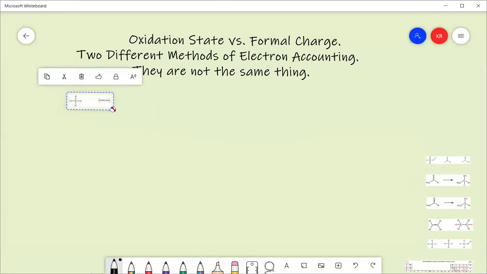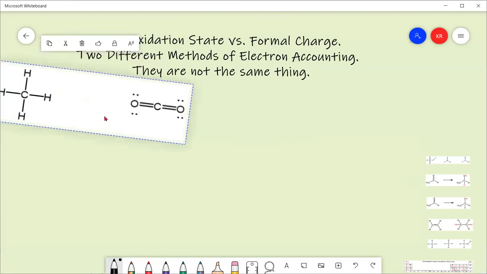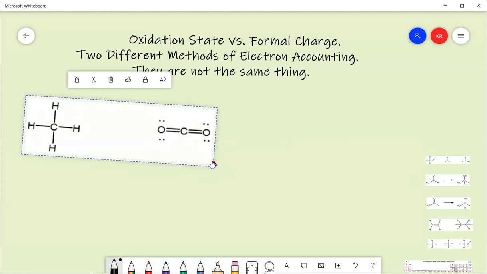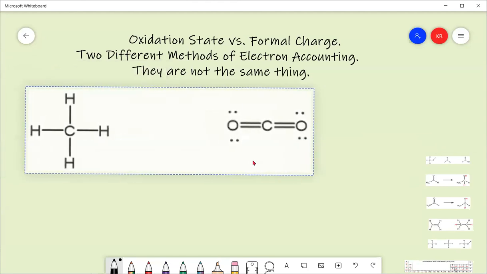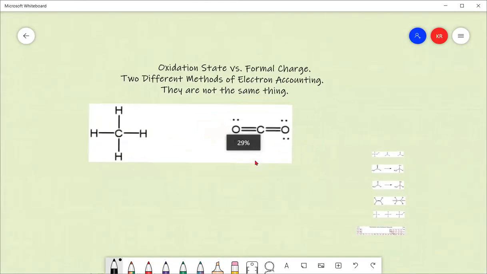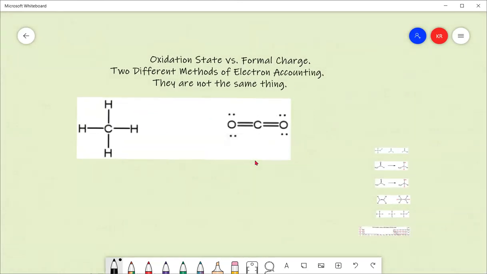So let's have a look at these two molecules. We have methane and we have CO2. I'll expand them and make this a little smaller. If you recall the calculation of formal charge, one easy way to do that is to draw a circle around all the bonds. You're splitting those bonding pairs in half, and you assign one electron from each bond to that particular atom.